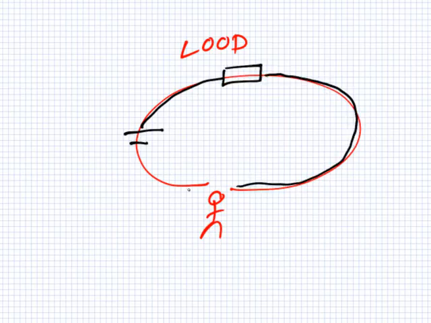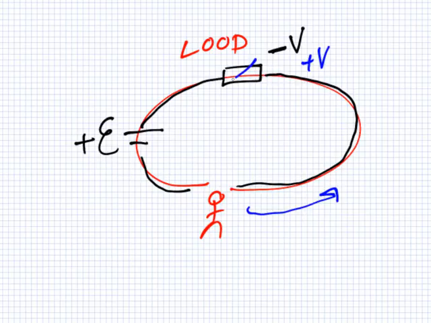So this one would be a plus E, and this one would be a minus V. But if I go around my loop the other way, backwards, this would be a plus V, and this one would be a minus E. So be careful: if you make your loop backwards, the plus becomes minus and the minus becomes plus. So my advice is don't go backwards. Try to go with the battery. It makes it easier for you.